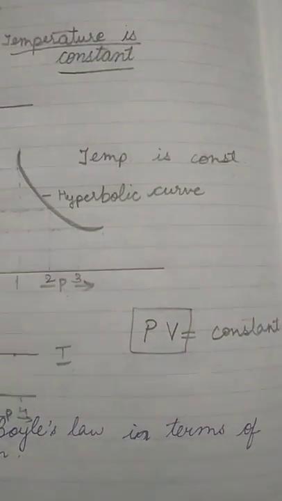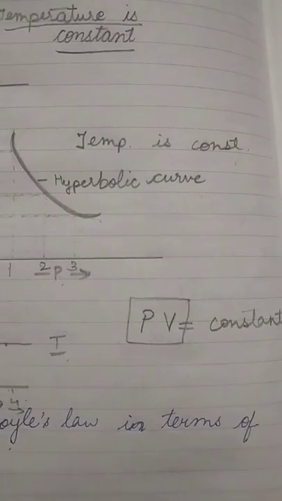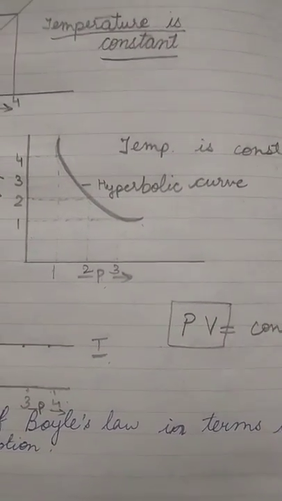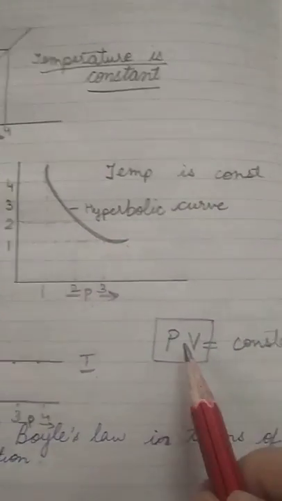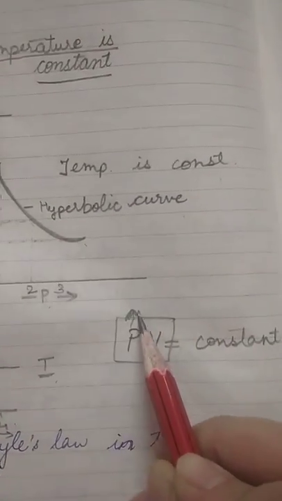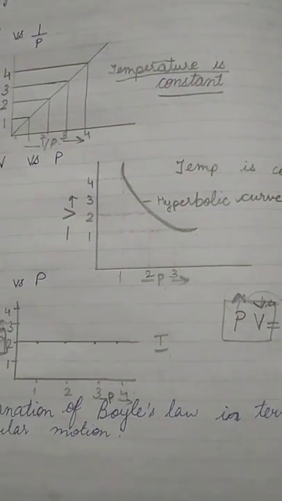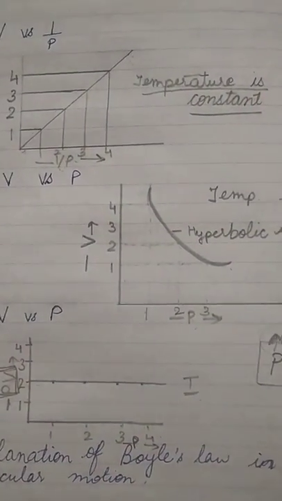Boyle's law states that the product of pressure and volume is always a constant if temperature is kept constant, because as one is increasing, the other will be decreasing.